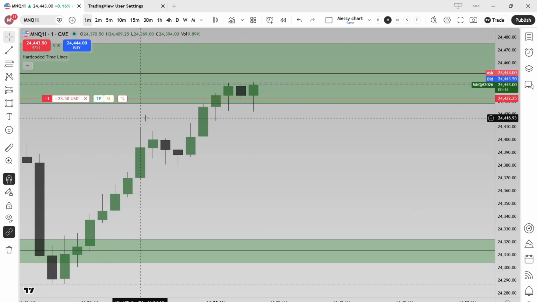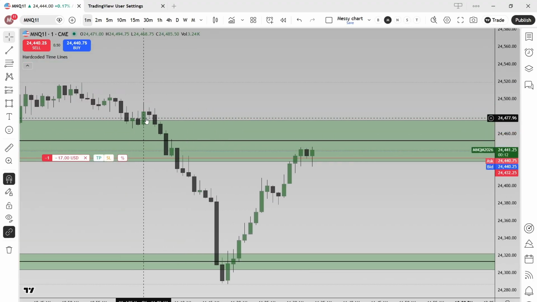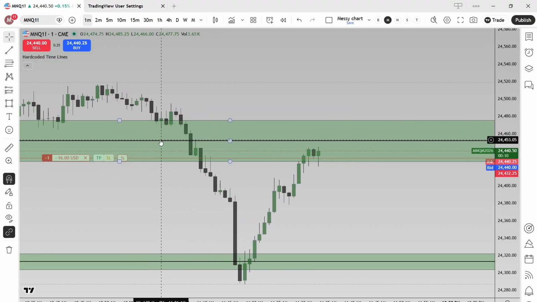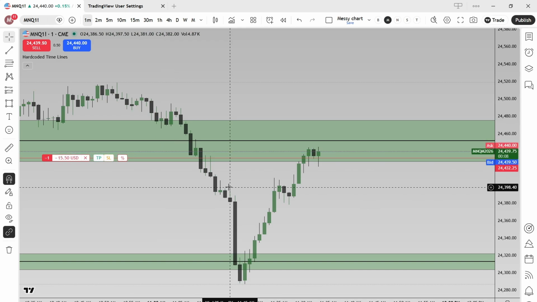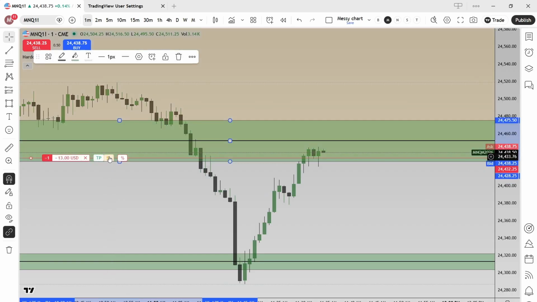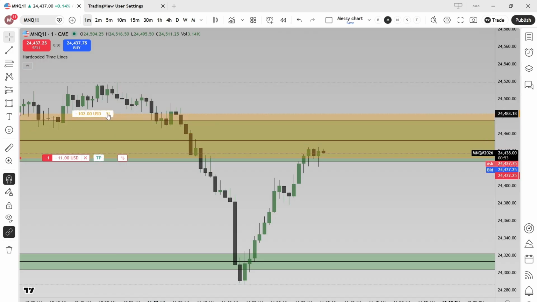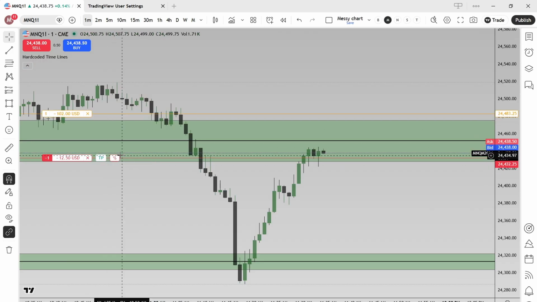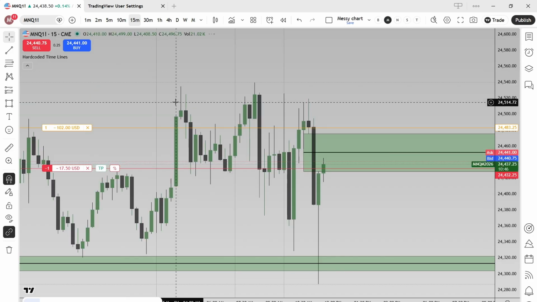Let's check the 1 minute. I'm waiting for a breaker to form. This isn't as precise as my usual trades, so I'll widen the stop loss because I just entered off a 15-minute fair value gap, SIBI.